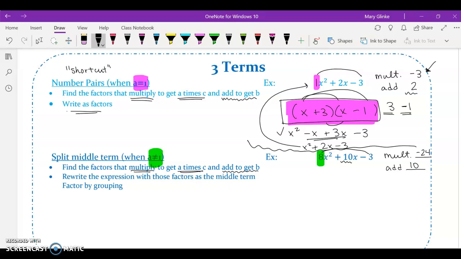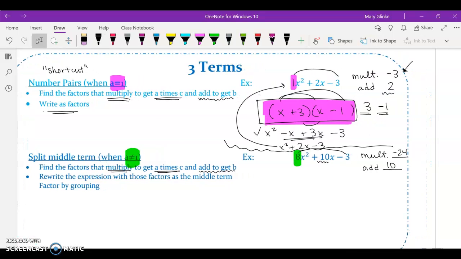So you think through your number pairs, and sometimes it's harder to think through your number pairs, so you can make a list. It's 24 times 1. If we divide by 2, we would get 12. If we divide by 3, we would get 8. 24 divided by 4 is 6. And then after that, it's repeats. So there's a couple potential ones. We have 2 and 12.